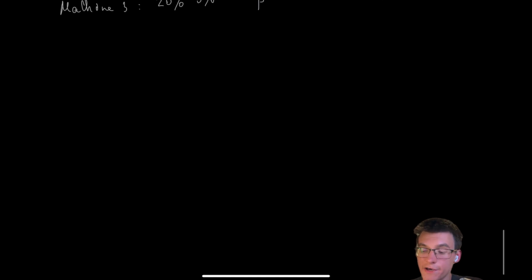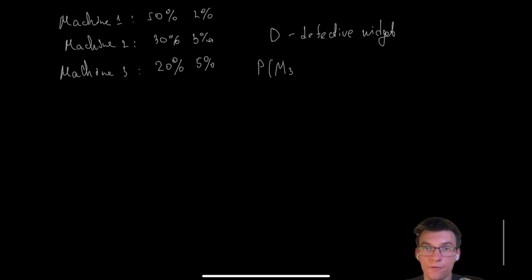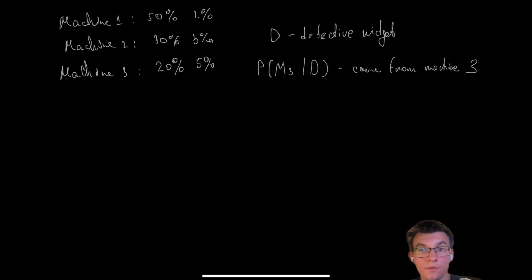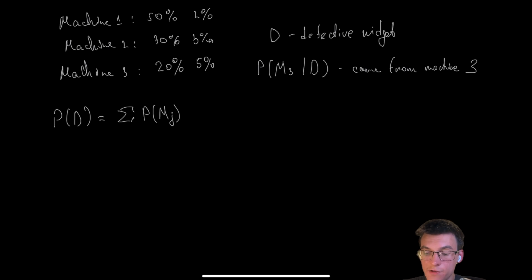Now, the probability of M3 given this is defective is the probability it came from machine 3. We can essentially calculate the total probability of the event D here. This total probability that we have a defective part equals the summation of probabilities of Mj times the probability this is defective given this is machine Mj, where j takes on values from 1 until 3.